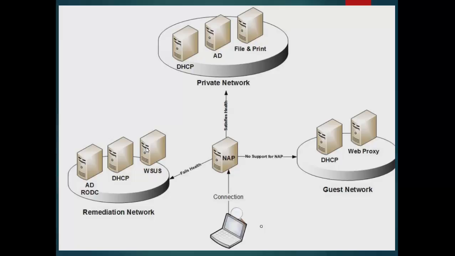An antivirus server should be there as well in the remediation network to update your virus signatures. And Active Directory is already there to apply the group policy that's going to turn on your firewall. So whatever was missing would be brought up to the latest updates.